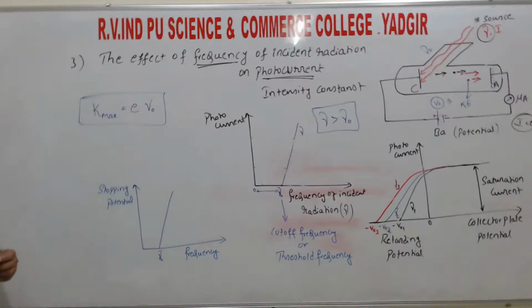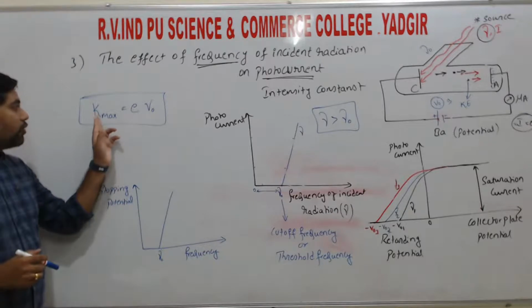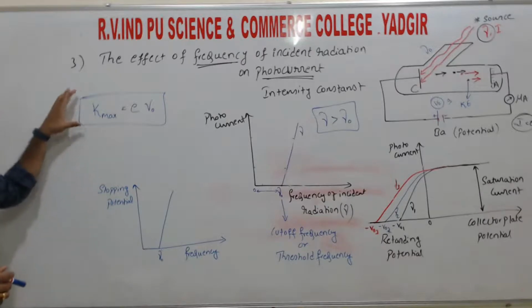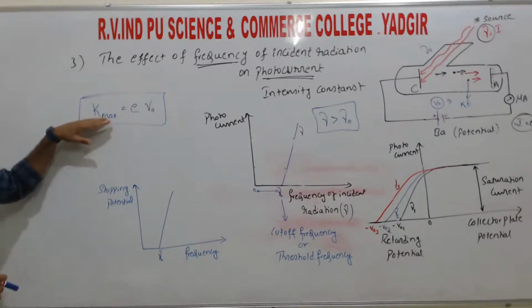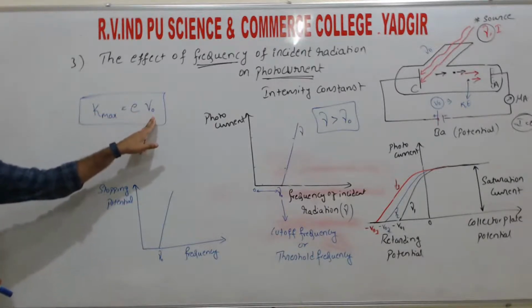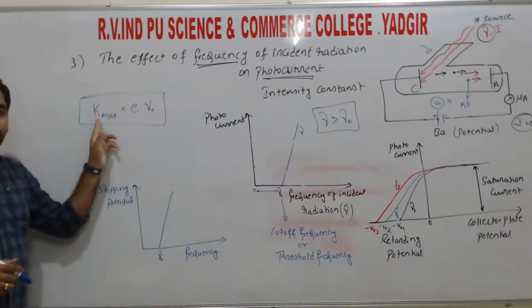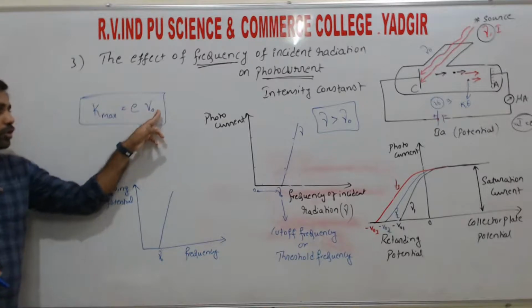So the stopping potential gives the kinetic energy of the electrons which are emitted. This is the significance of the stopping potential: the energy of the emitted electrons is proportional to the stopping potential.